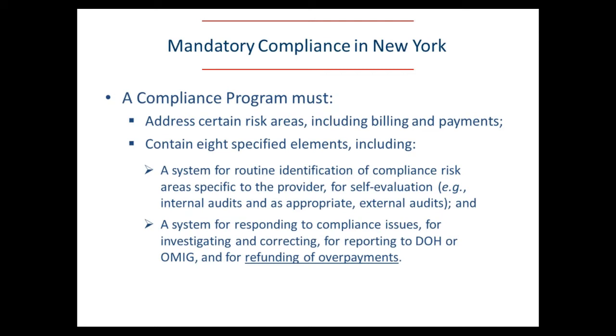Another requirement is that such systems must provide for responding to compliance issues, for investigating and correcting, for reporting to the State Health Department or to the Office of the Medicaid Inspector General, and for refunding of overpayments.